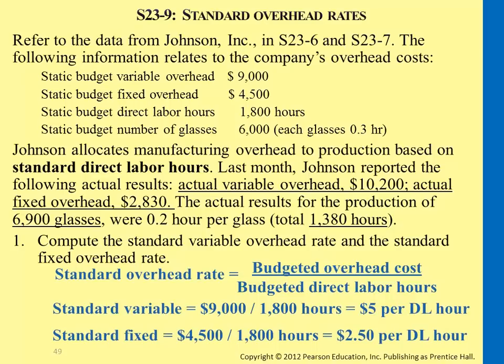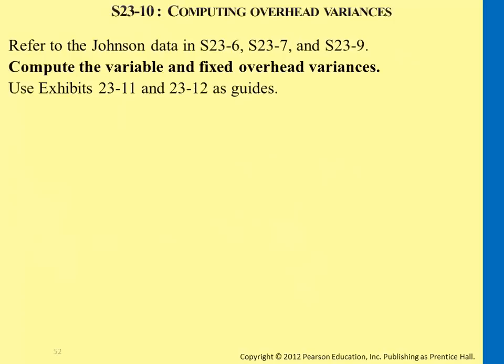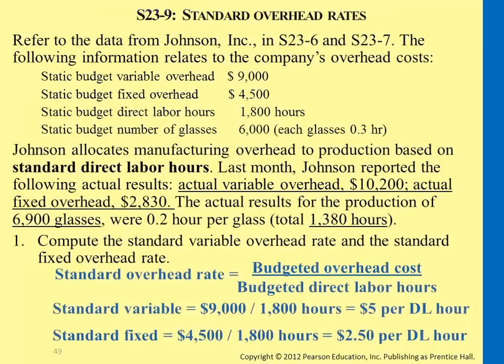Okay, the next question is variable variance and also fixed variance. Using this same data, you have now the standard price here. We also have $2.50. If you're trying to calculate variable overhead variance and fixed overhead variance, referring to this, what would be the process?